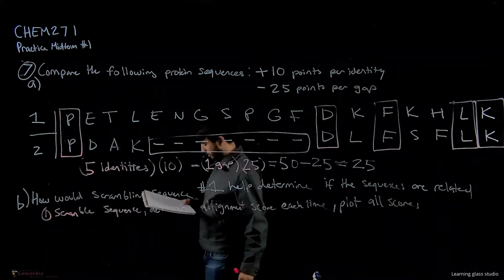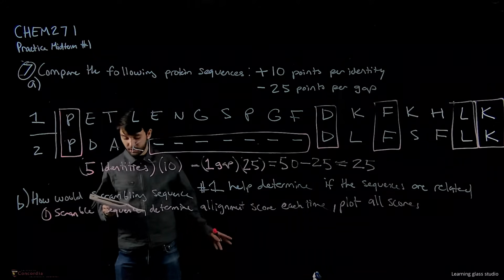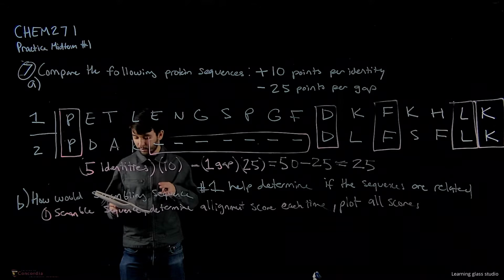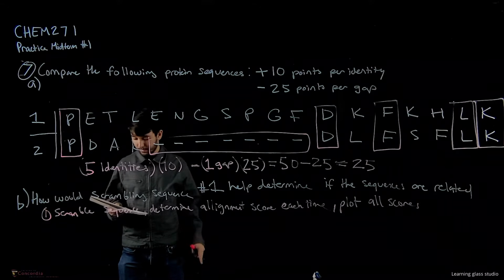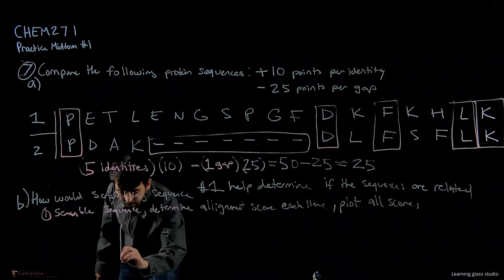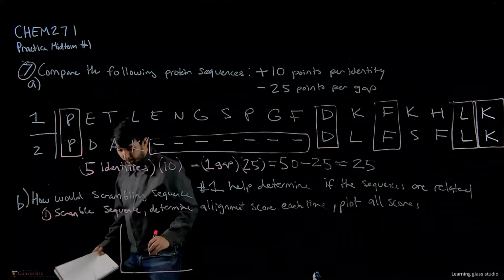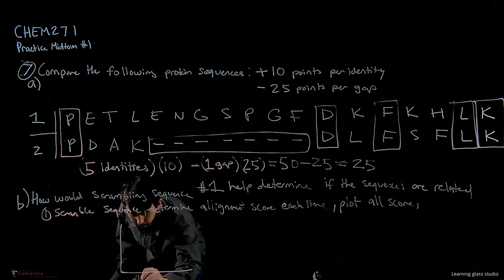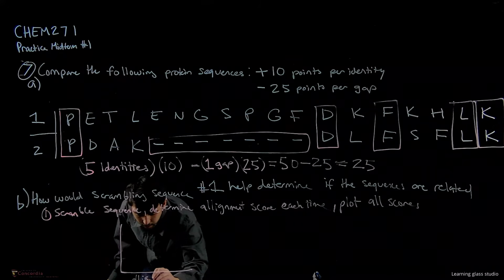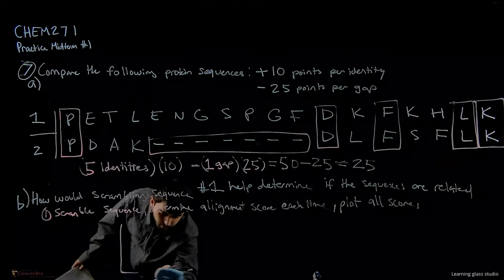All right? So what we want to do then is compare the distribution of the random alignment scores to the actual alignment score. So what this would look like is a graph sort of like this. Here, on the bottom, we have the alignment score. Let me move this up a bit.